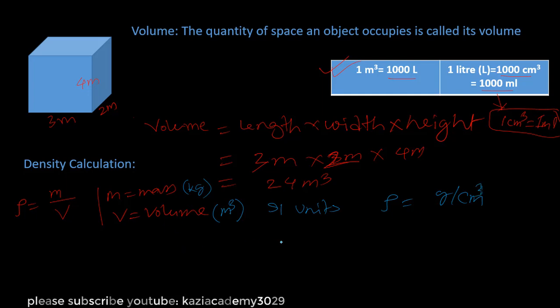And the conversion of gram per cubic centimeter is easy. For example, 1 gram per cubic centimeter equals 1000 kilogram per cubic meter. So this is the way to calculate density.